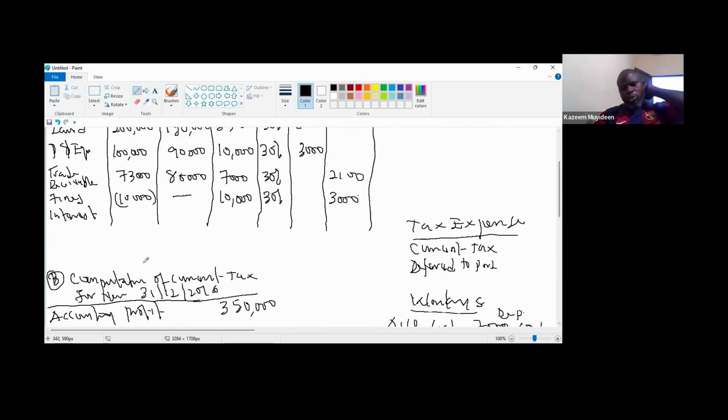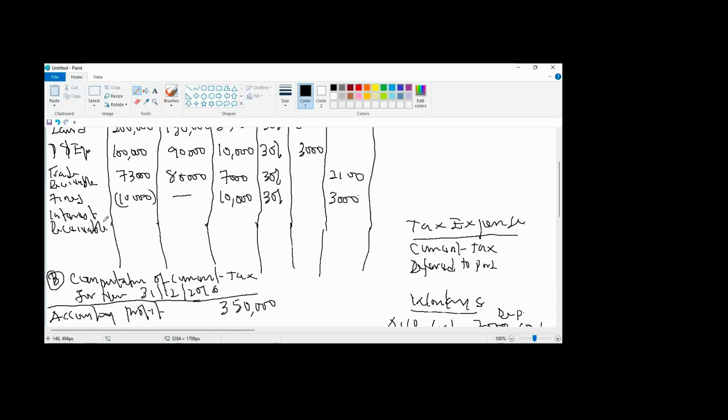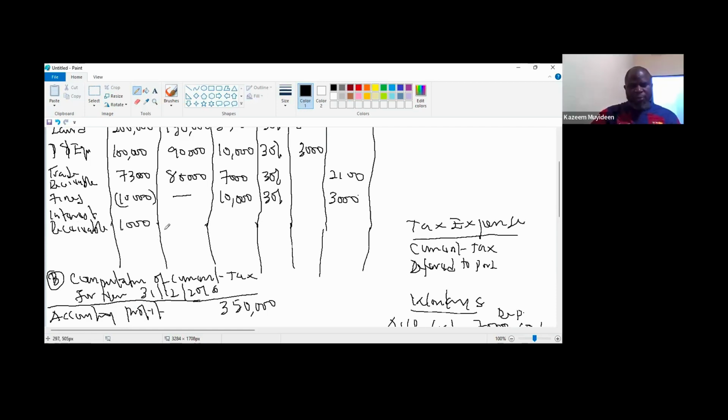Let's go to interest receivable. How much is the figure for the interest receivable? 1,000. Don't forget, it's on cash basis.